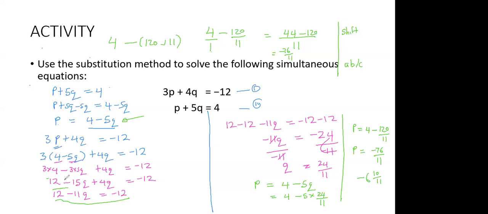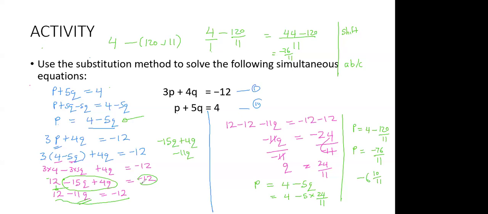Okay, here. Are you seeing this? Yes, -15q plus 4q is what gives us -11q. So that's what we have here. Then this 12, I just carried it down. Then this -12 was there.